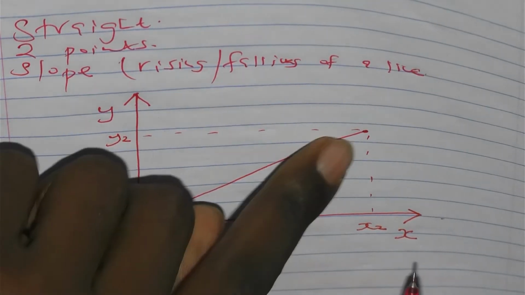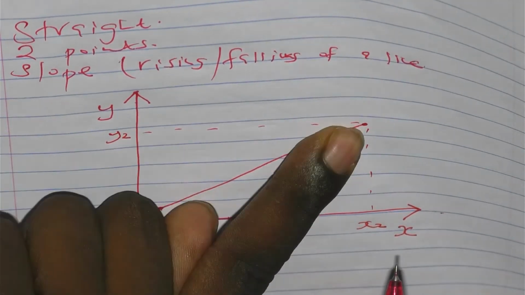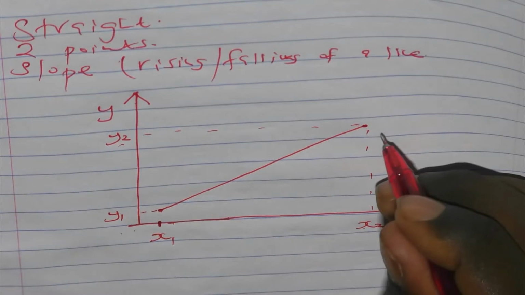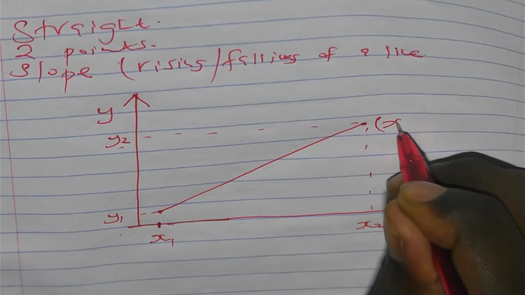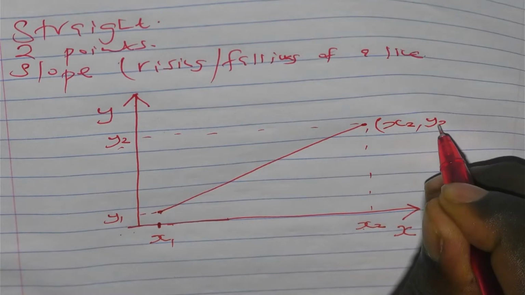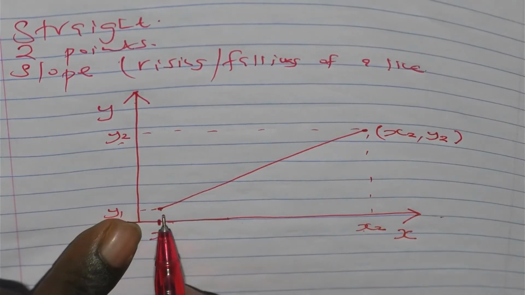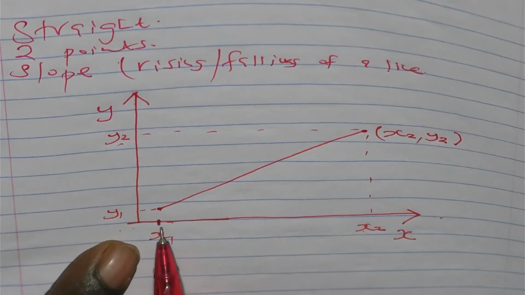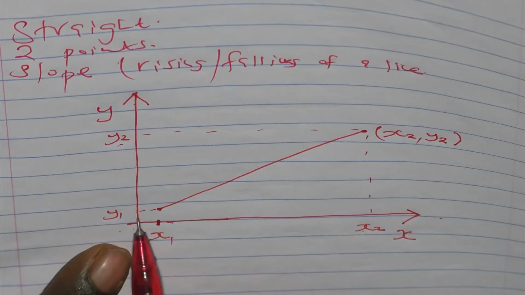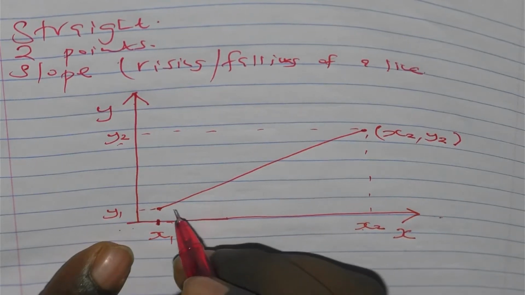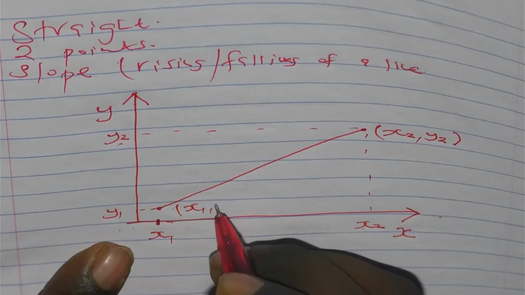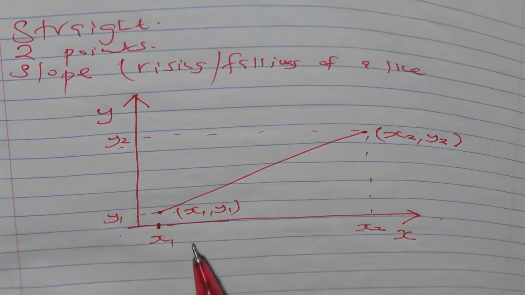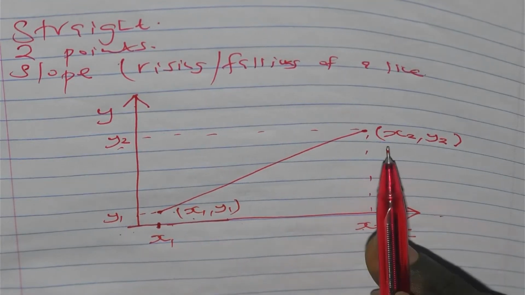So we have this point having coordinates x2, y2, and we have this point here having its coordinates. What are its coordinates? Yes, x1, y1, okay? So we have 2 coordinates, x1, y1, and x2, y2.